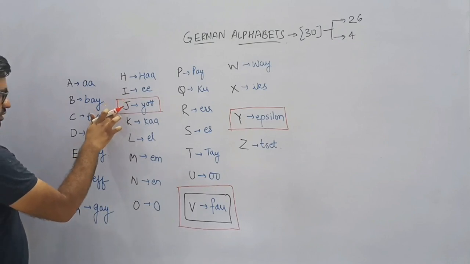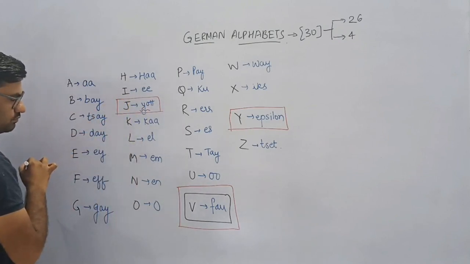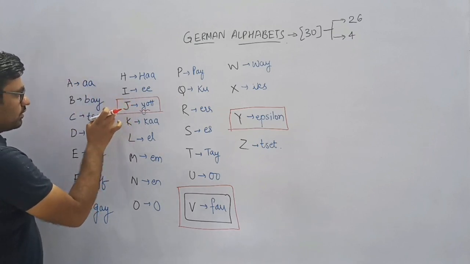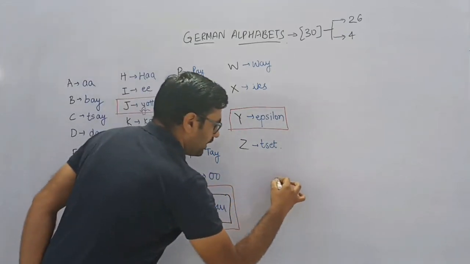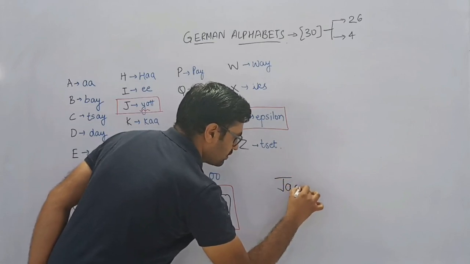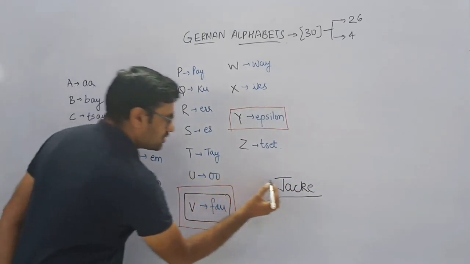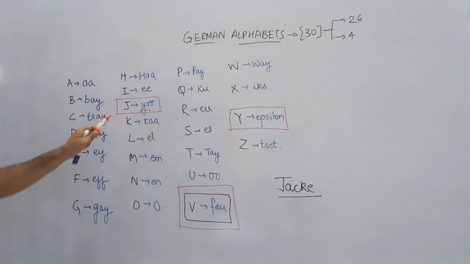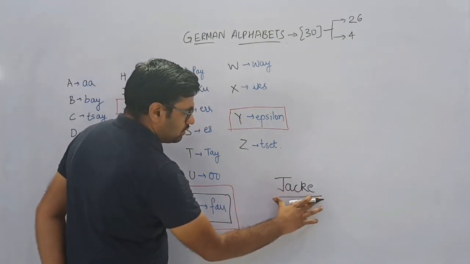J has a pronunciation same as Y. It is called Yot, but whenever J is used, the pronunciation will be the same as the letter Y. For example, in English we might pronounce this word as Jacka, but in German this is pronounced as Jacke.